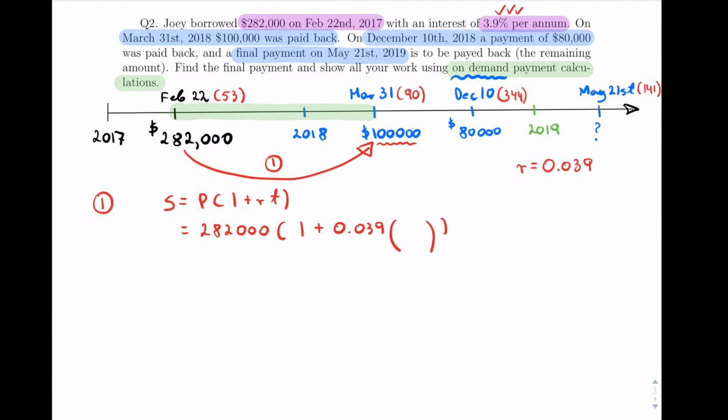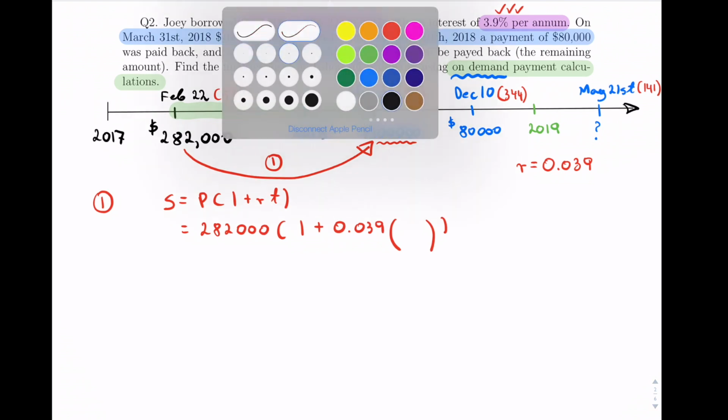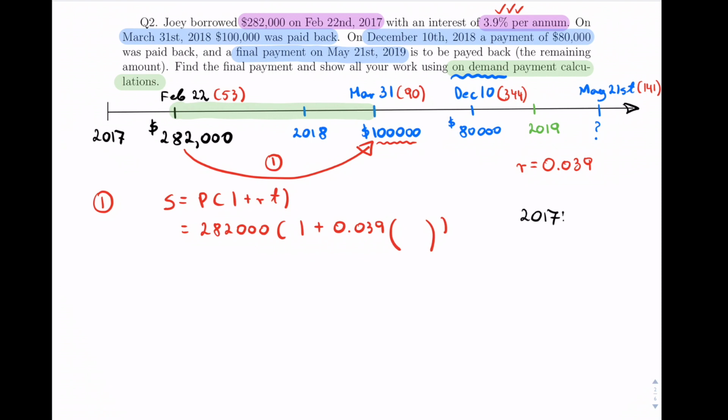So I know, so in 2017, okay, I have 365 days, minus 53. Okay, so that will equal, so if you like, you can punch that in your calculator if you can't do it in your head. So that's 312 days, so that's right here. Plus this 90 days right here, so plus 90 days, and that is from 2018.